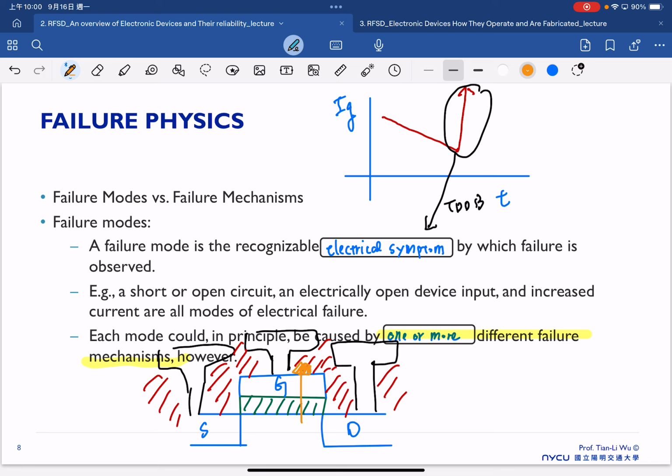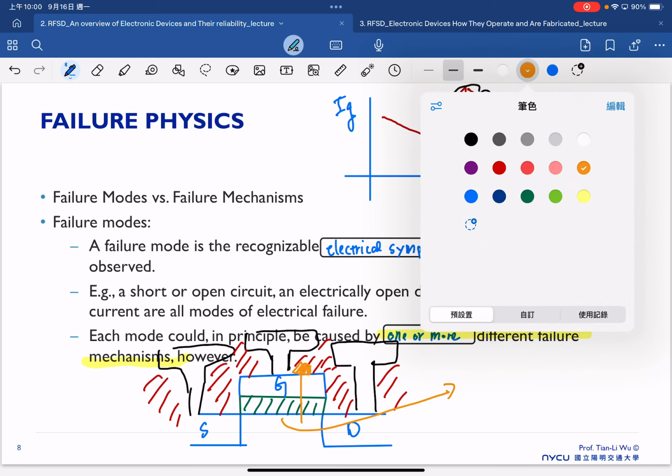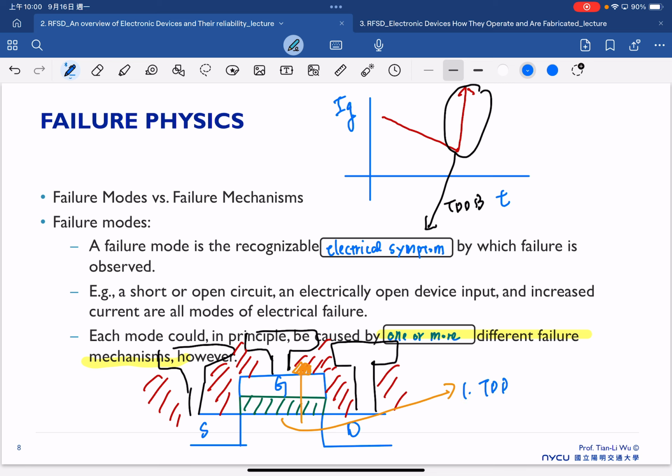Once we have the dielectric breakdown, we can start to have a high gate current that causes the TDDB issue. So the first one is TDDB in the gate dielectric.